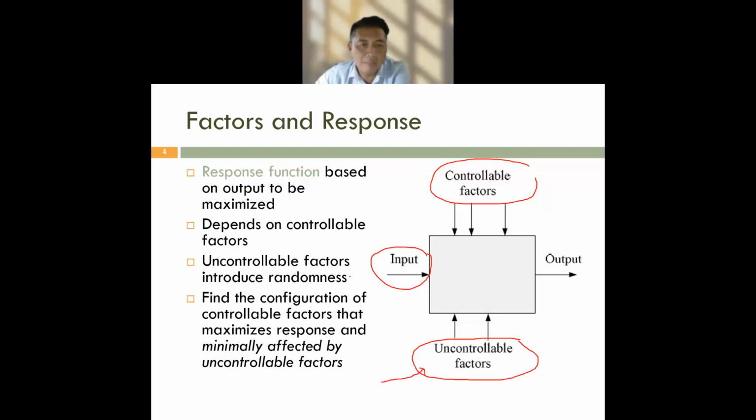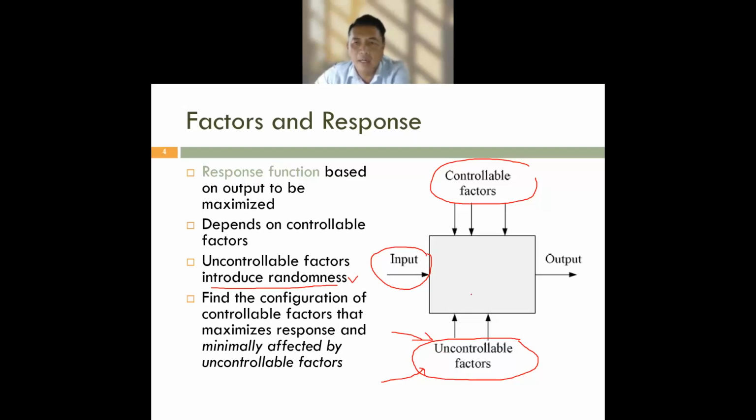The good thing about the uncontrollable factor is that they introduce randomness. For example, when we perform random sampling, that one we cannot control, because it will pick randomly from your data set. So this random selection will introduce randomness.